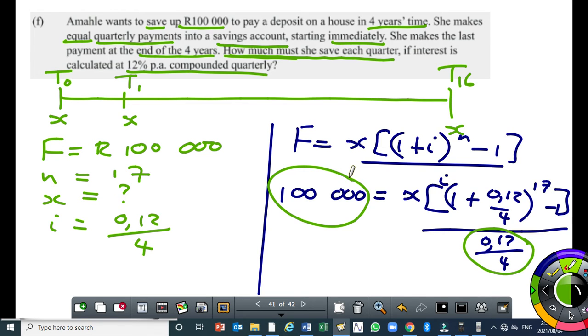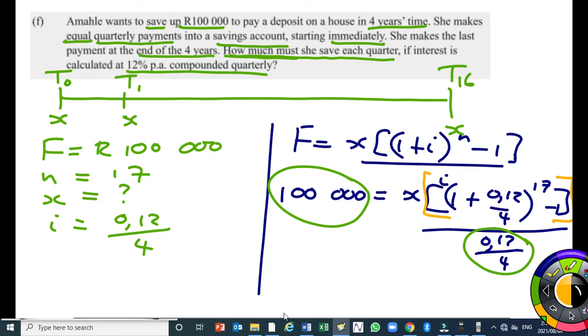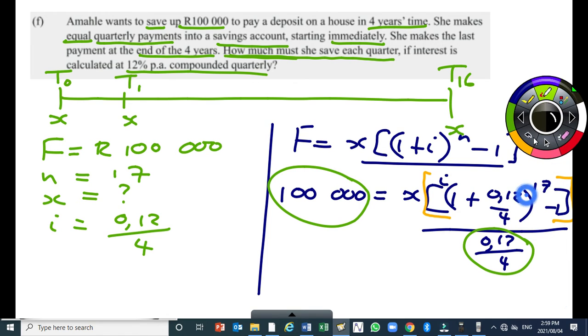Then, whatever product you get, you divide it by whatever is in that square bracket. You agree with me there? So, you multiply the denominator by the 100,000. The product, you divide it by whatever answer you get inside the square bracket. Now, you don't have to use the calculator many times. You can do that at once. So, I can write a formula from here to determine X, right? And that formula will be X is equal to, right?